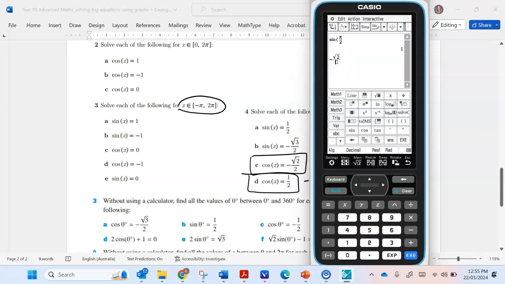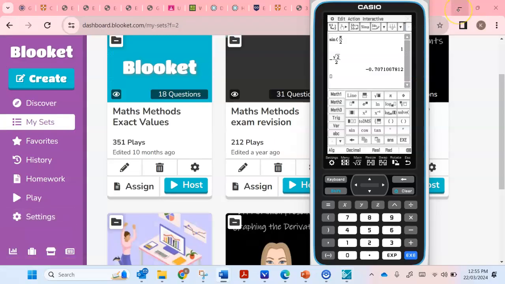Sometimes it's a bit temperamental. Come on. All right, and we can see it's negative 0.71 approximately. Sorry, I just pressed that too many times.